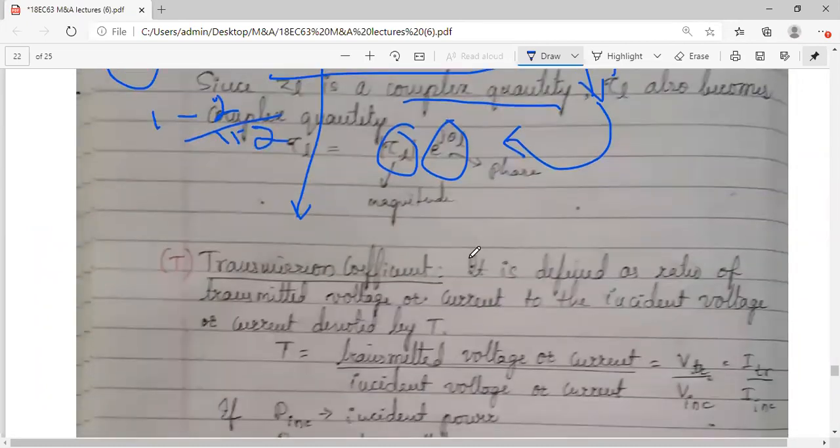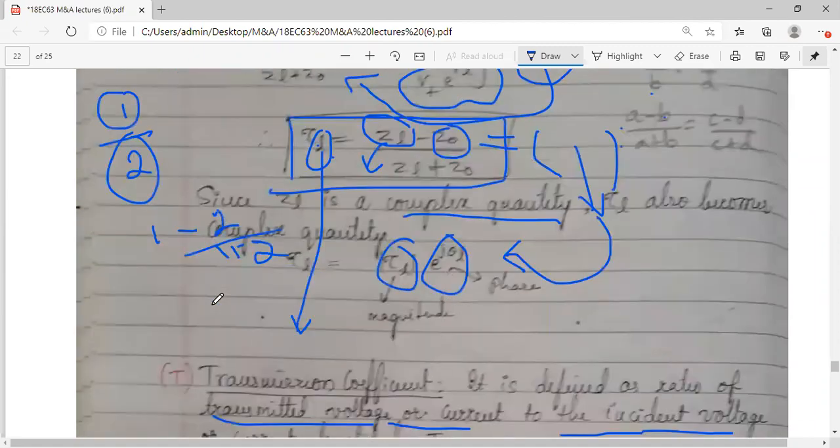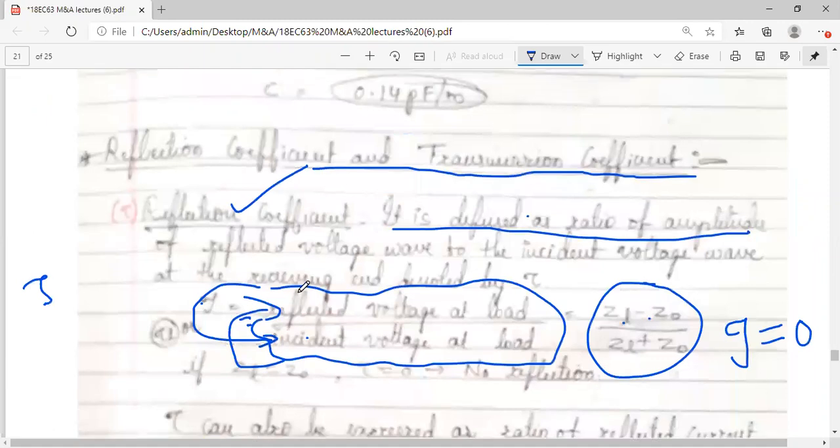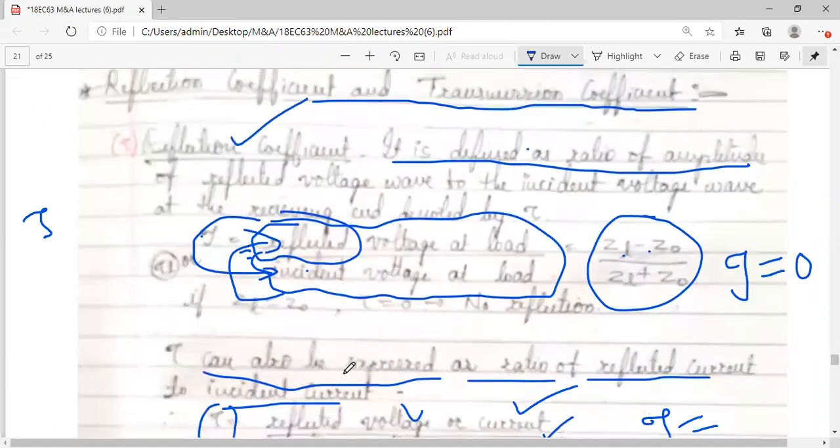The transmission coefficient is defined as the ratio of the transmitted wave to the incident wave. Okay, there is a difference here. What I told you here is a reflection.